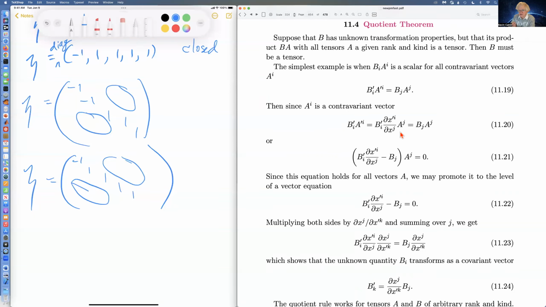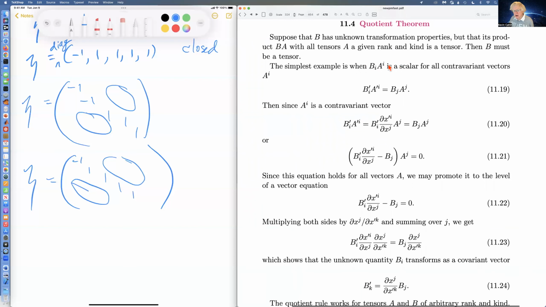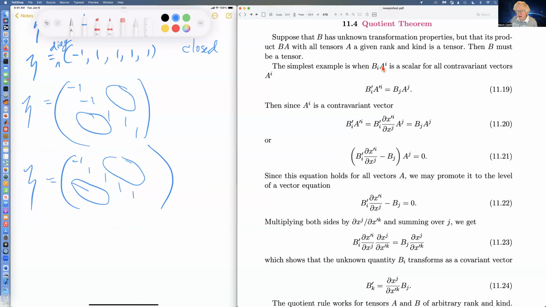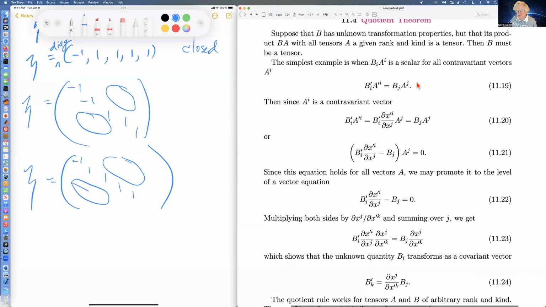I went over the quotient theorem before. Let me just state it this time. Suppose B has unknown transformation properties, but its product with all tensors A of a given rank and kind is a tensor; then it follows that B must be a tensor. The example I went through was: suppose B, when contracted with any vector A, gives a scalar in all coordinate systems.